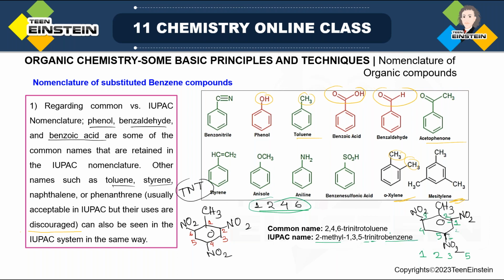In this case, the term benzene is retained because there is no OH or CO2H or CHO. Suppose if these types of functional groups are present, then we will end with either phenol, benzoic acid or benzaldehyde. But when you have this type of substituent where you cannot use these terms accepted under IUPAC, then you have to end with benzene. Okay.